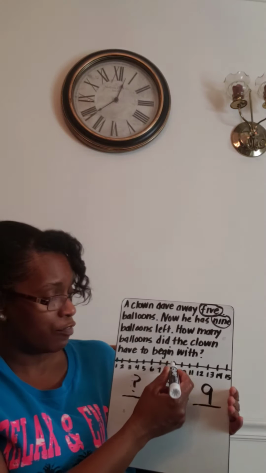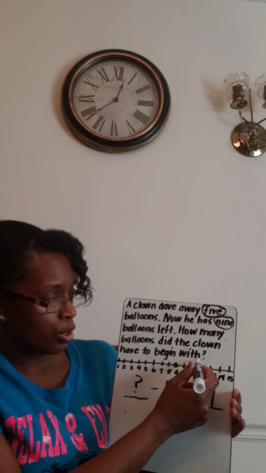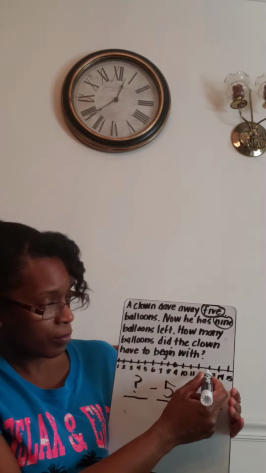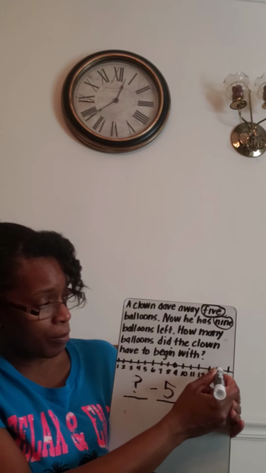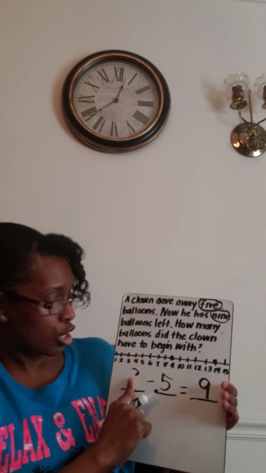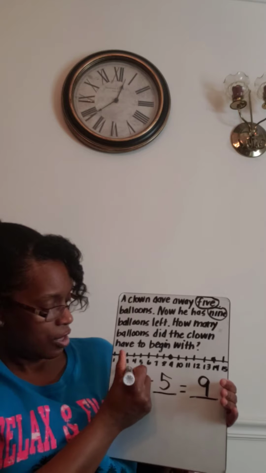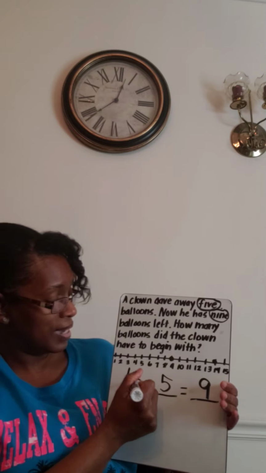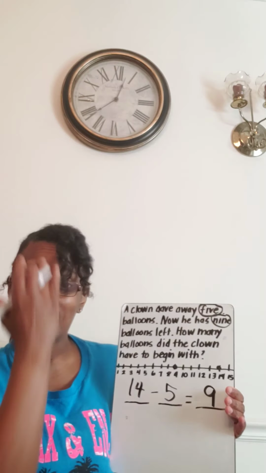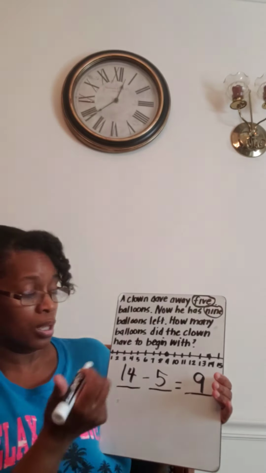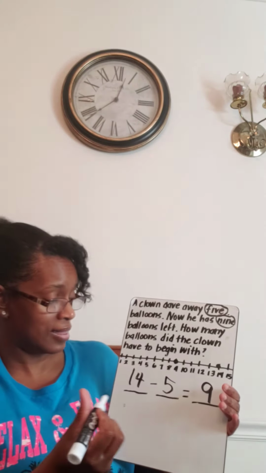Count on 5. 1, 2, 3, 4, 5. I'm at the number 14. So it looks like the clown began with 14, okay? And then I can also add these 2 with a picture.